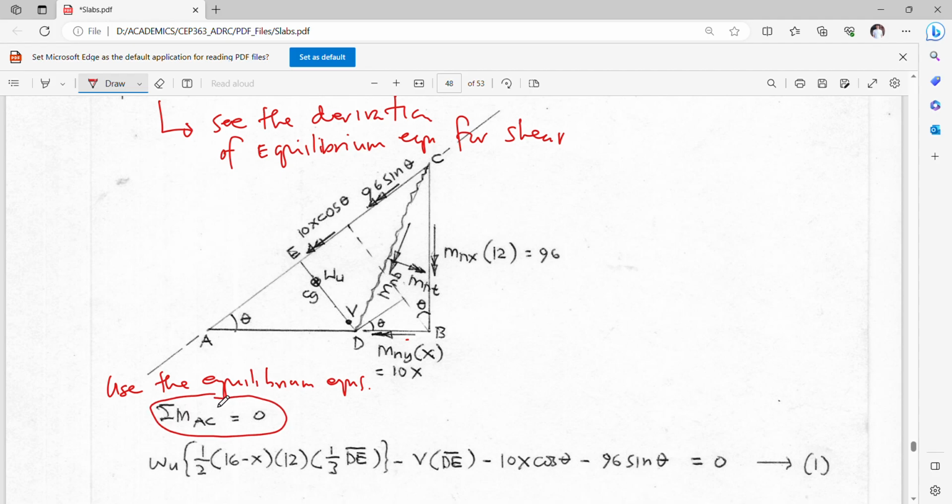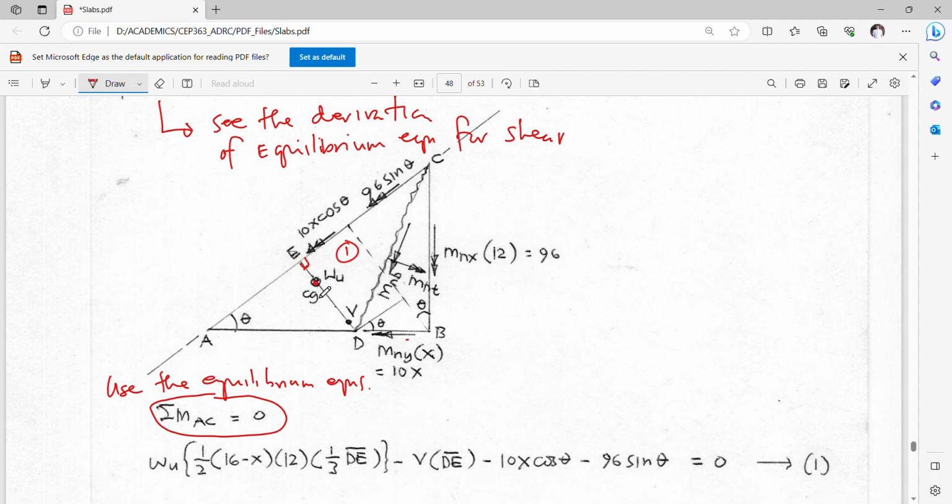If I isolate this part of the slab, let's say slab segment 1, and take summation of moments about AC, there will be a weight concentrated at the center of this triangle. The center of this triangle is on the line from the vertex going perpendicular downwards here.